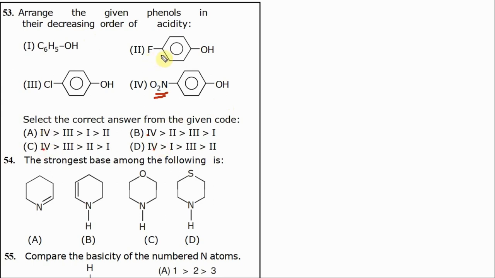Okay, now between fluorine and chlorine, fluorine has plus R minus I, chlorine has plus R minus I, but your chlorine's plus R is much weaker than plus R of fluorine. We are talking about the carbon-chlorine bond and carbon-fluorine bond.